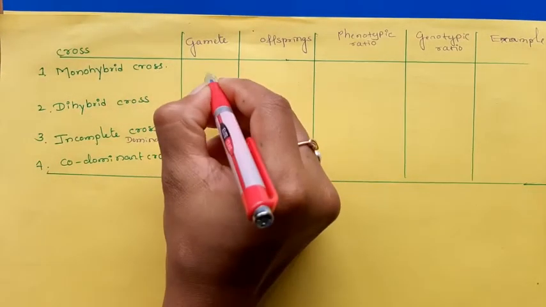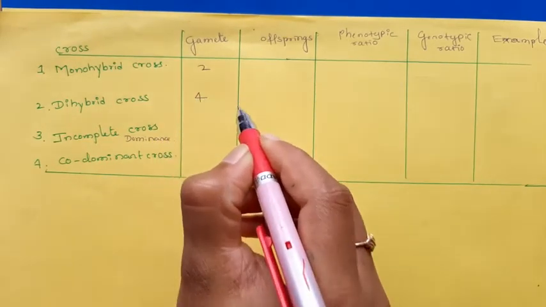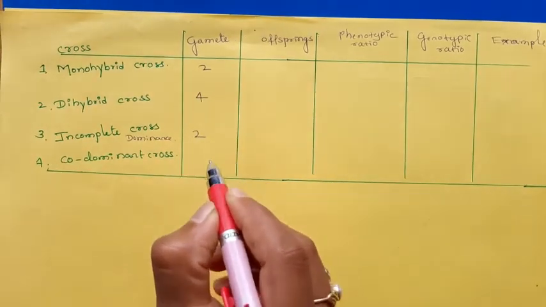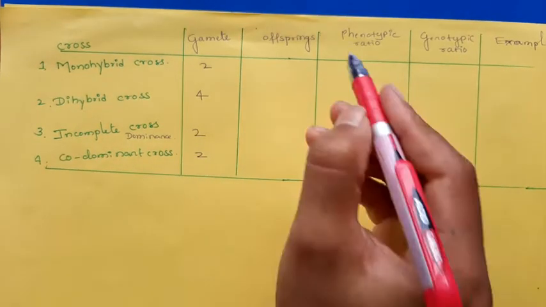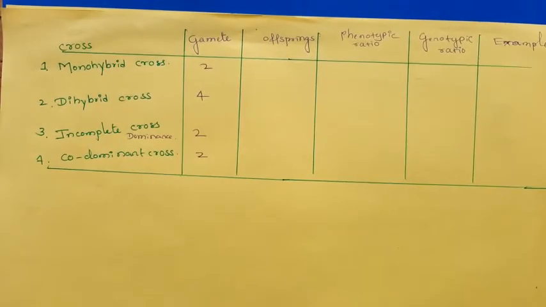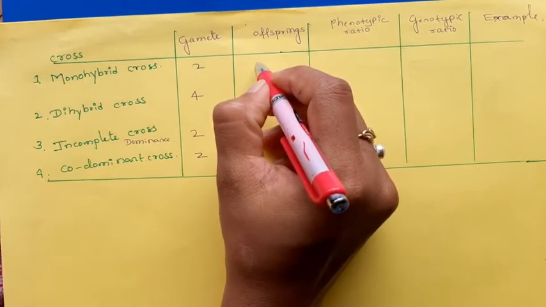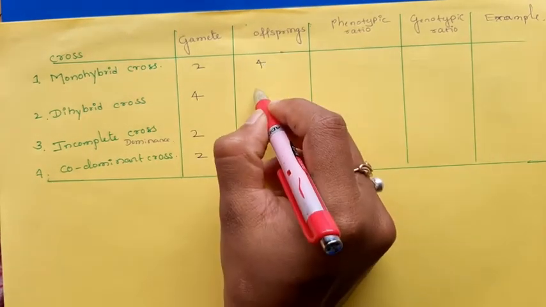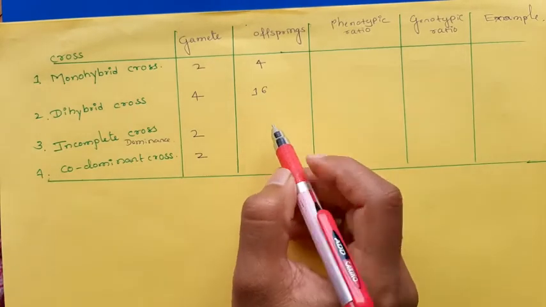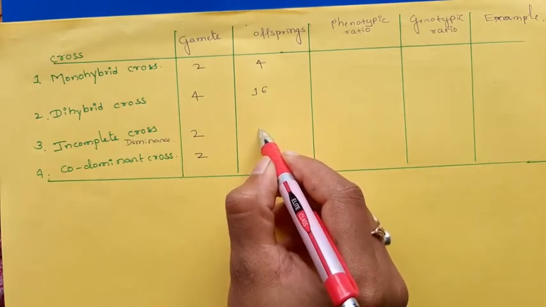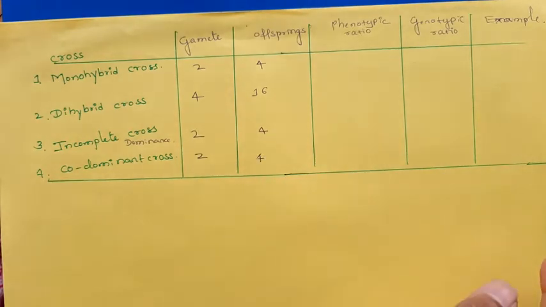The number of gametes produced by monohybrid cross is 2, by dihybrid 4, by incomplete dominance 2, and in codominance 2 gametes will be produced. The number of offspring produced by monohybrid cross is 4, by dihybrid 16, by incomplete dominance 4, and by codominance 4.